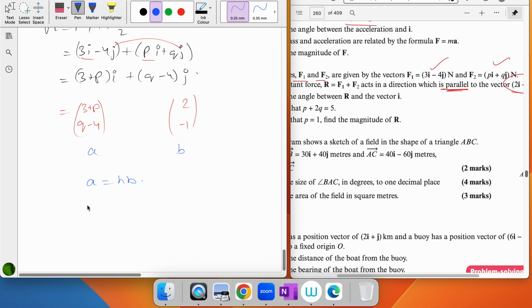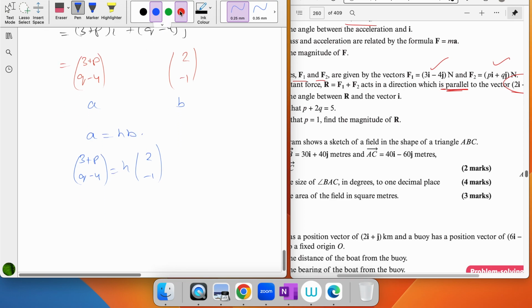So we can just write it this way: 3 plus p, q minus 4 is equal to h times 2, minus 1. We have to show that p plus 2q is equal to 5. I missed that part and I took the longer path.